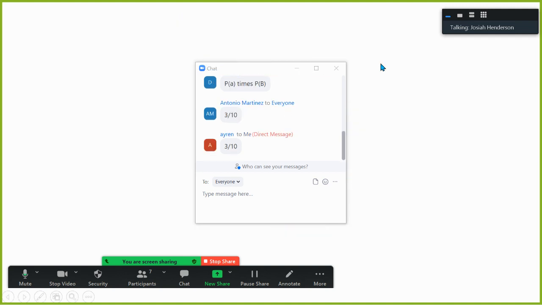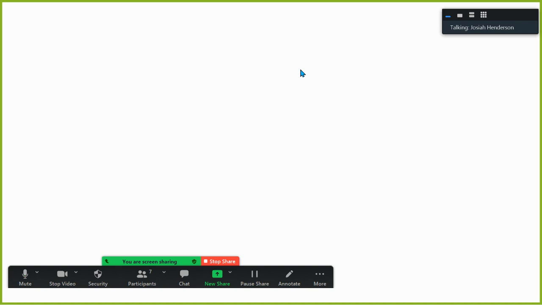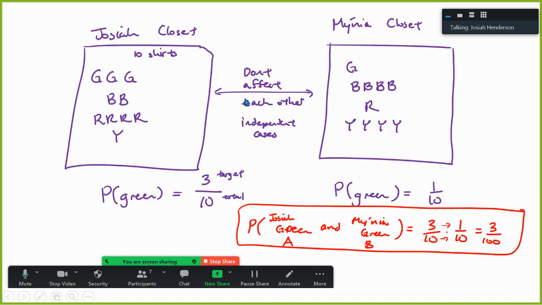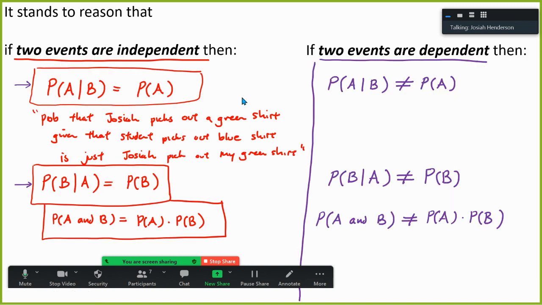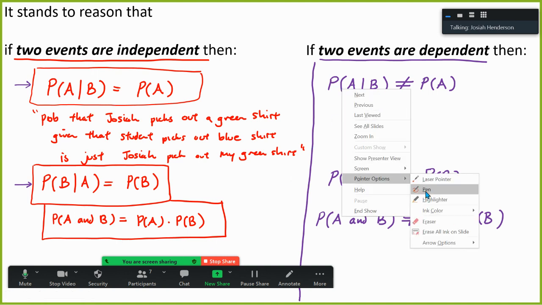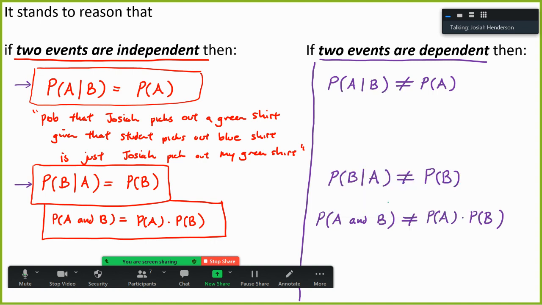So let me go back to that other screen, guys, where we're examining the difference between these two cases. Okay, so yesterday we introduced this idea of independent and dependent, and we basically had 2 formulas that we could use to find the probability.